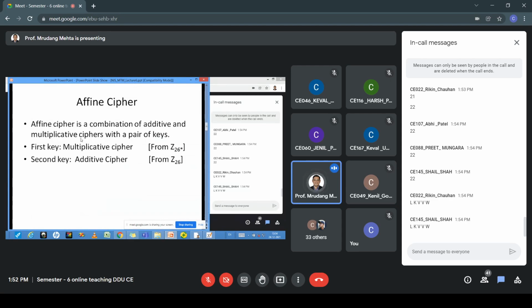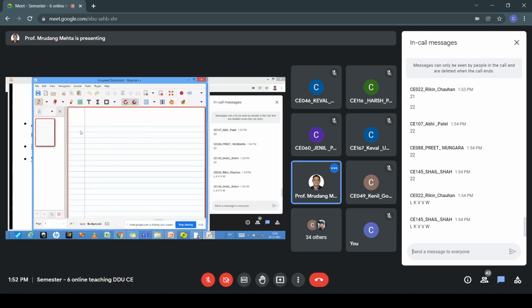Now, the second method is the affine cipher. The affine cipher is a combination of additive and multiplicative ciphers with a pair of keys. So what is the total number of keys? In additive cipher, remember, we use a key from Z26.